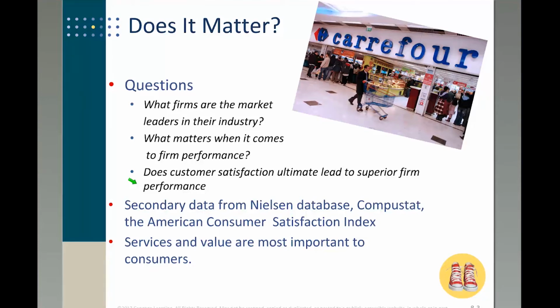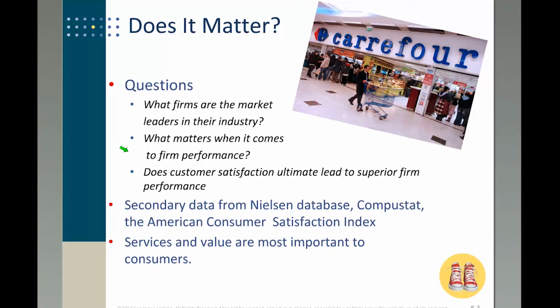And if a firm, say for example, wants to improve its performance and also wants to know what factors they need to pay attention to, they could conduct research asking these questions. And to answer such questions, you would need to have data for all the companies within the industry.